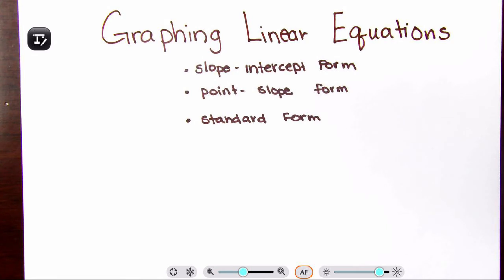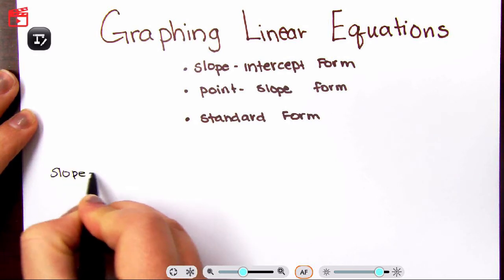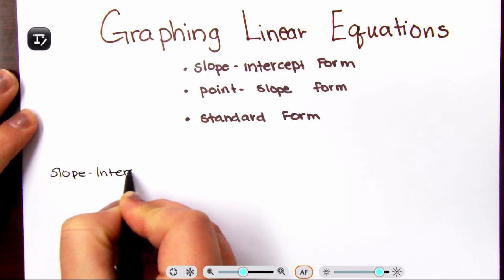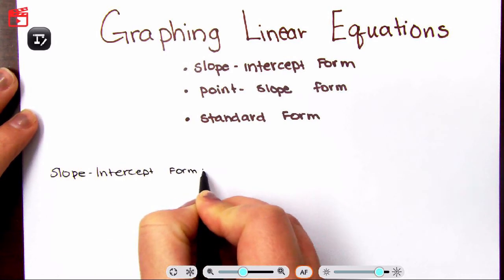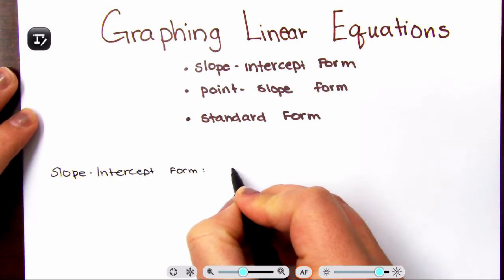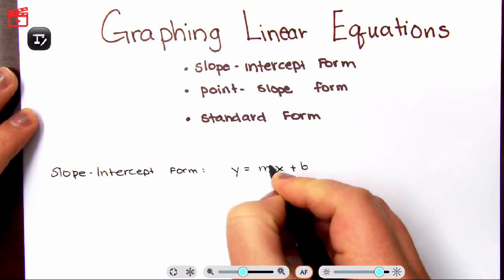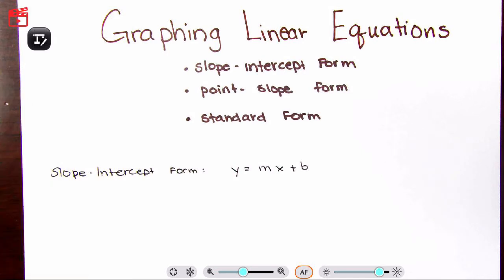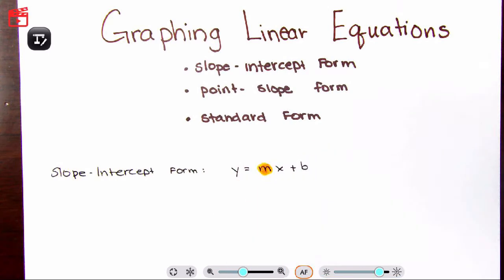For the slope-intercept form, you're going to have a line that says y equals mx plus b. Now, the m represents your slope. The b represents your y-intercept.